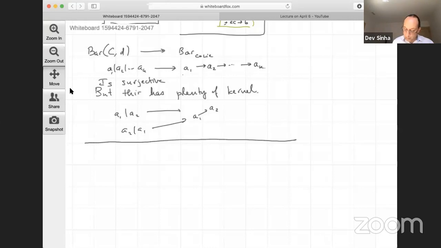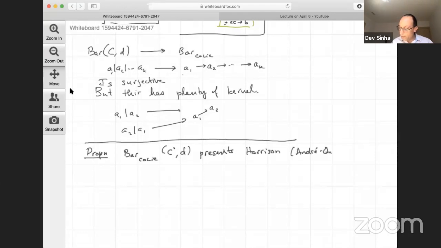So let me first tell you in algebra, this definition for the co-Lie algebraic bar construction gives you a concrete way to write down Harrison, or you can think of it as a special case of André-Quillen homology.